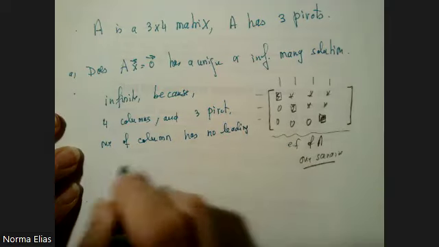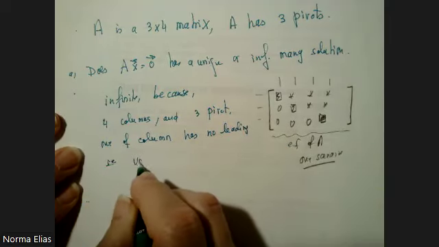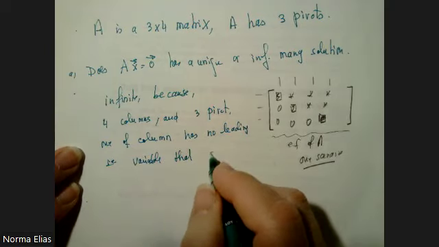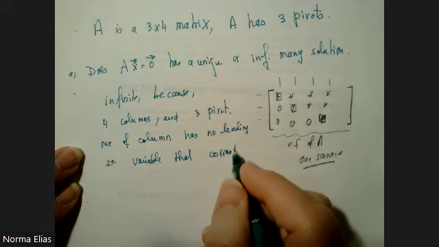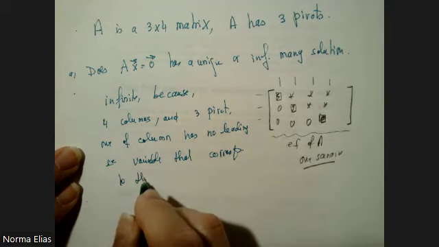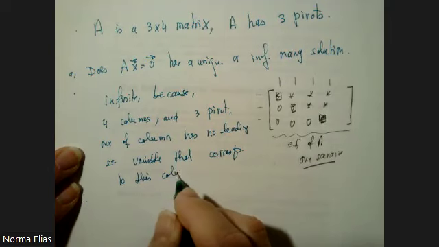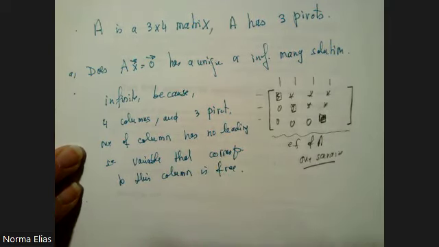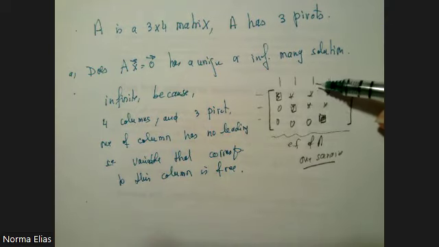It means the variable that corresponds to this column is free. So in my scenario, X3 will be free.